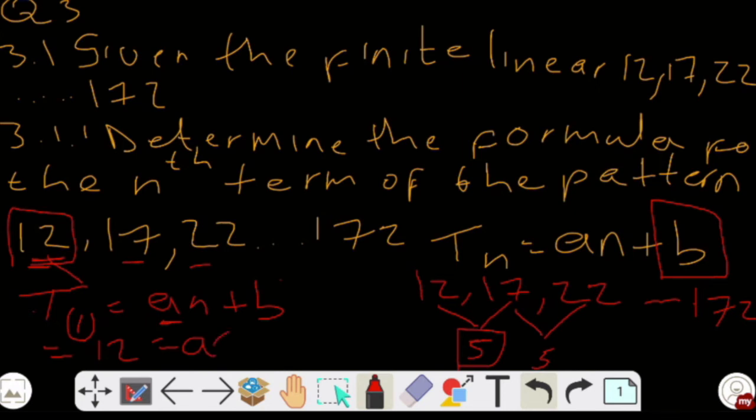Remember we chose the first term, term 1.